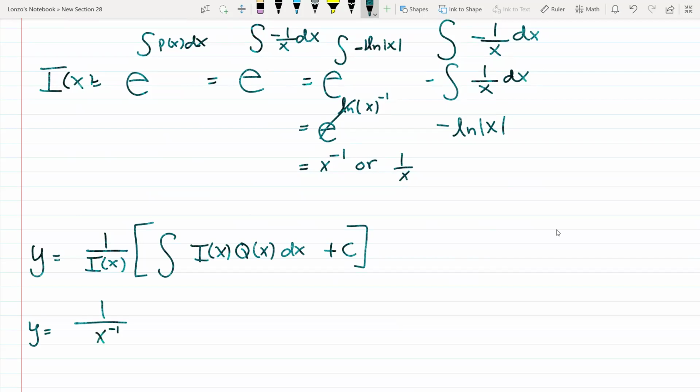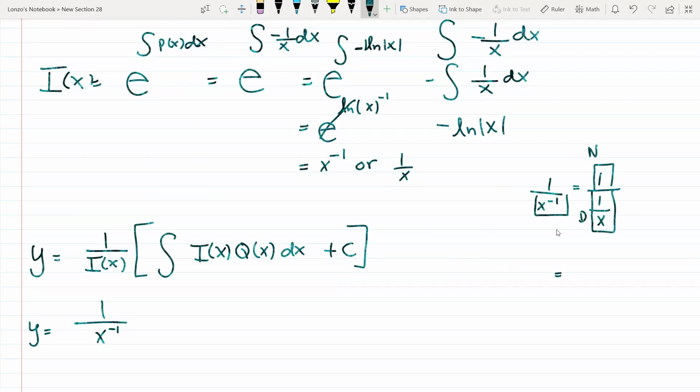But let's simplify that before we distribute it, as it'll make it easier. What is 1 over x to the negative 1? Well, x to the negative 1 can be expressed as 1 over x. Now we have a complex fraction. This 1 is your numerator and this 1 over x is your denominator, correct?